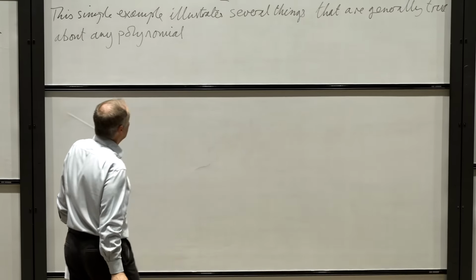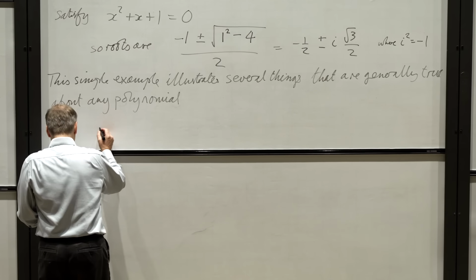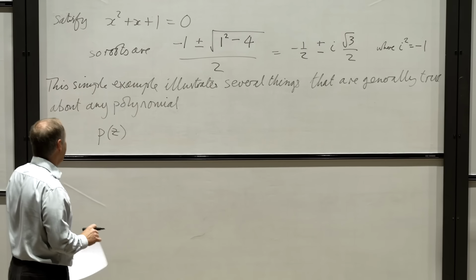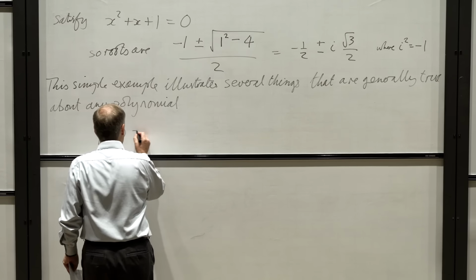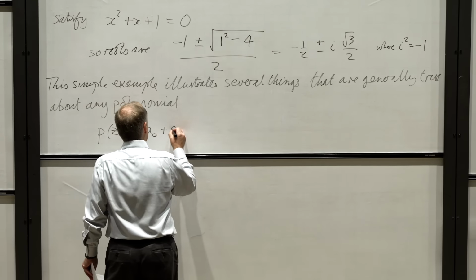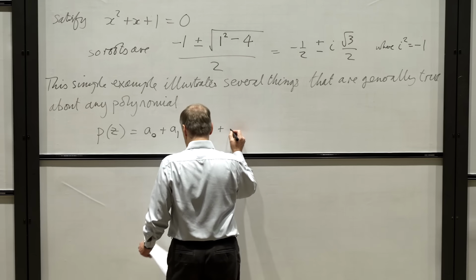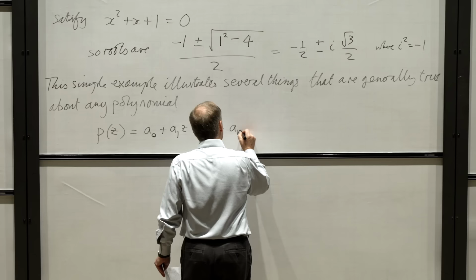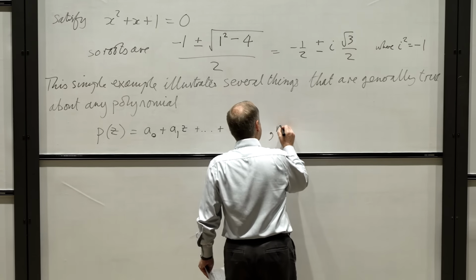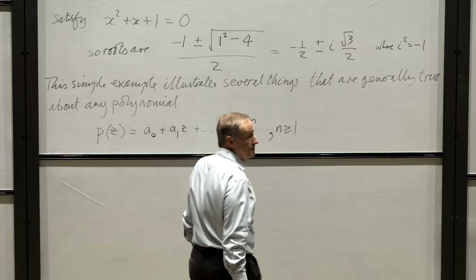Okay, so let me write a general polynomial, and this time I'll write it in terms of an argument z. Okay. This is a0 plus a1 times z plus a2 times z squared and so on, plus an times z to the n. Okay. Here n is an integer and it's bigger or equal than 1.